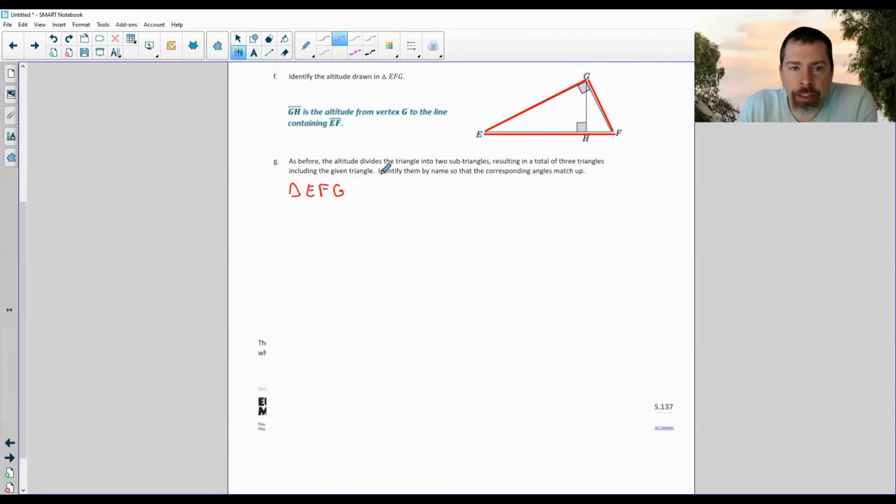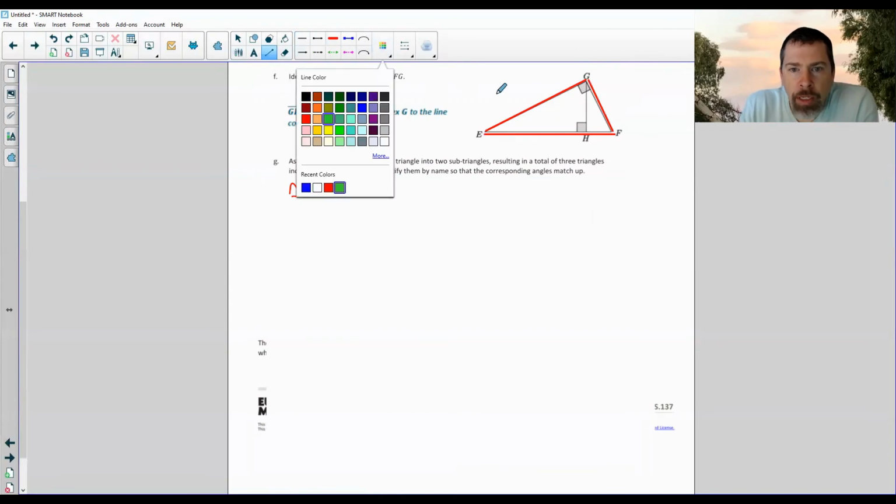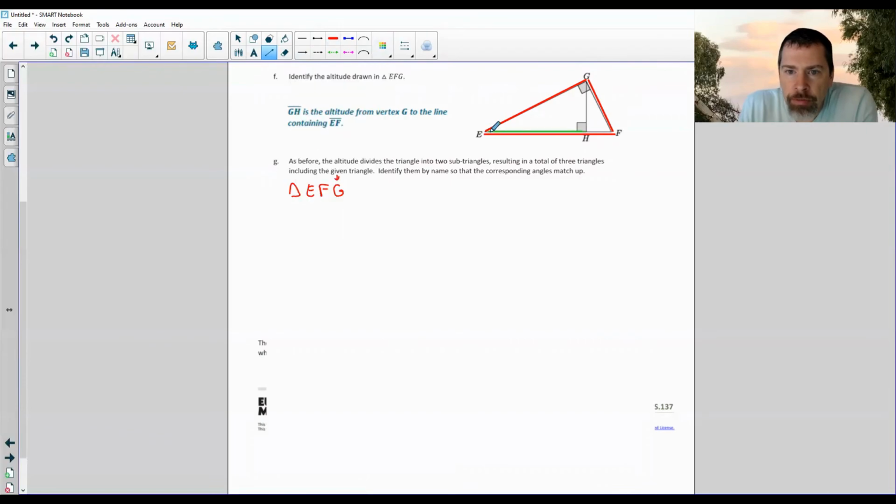So what's the right angle in this? It is G. G is the right angle, so every other triangle that we name has to have the right angle name come last. Okay, so then I'm going to switch to green, and I'm going to go with the next largest triangle, which is here. Okay, it's that one. And that is triangle EHG, GHE, whatever.